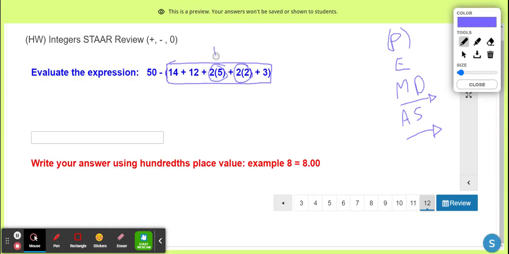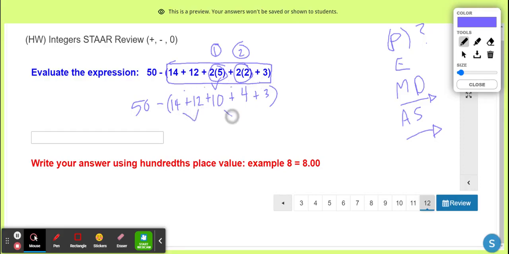Step 1, step 2, that's going to be 10 and 4. So we're going to rewrite this. We're still at parentheses, and now we have adding.